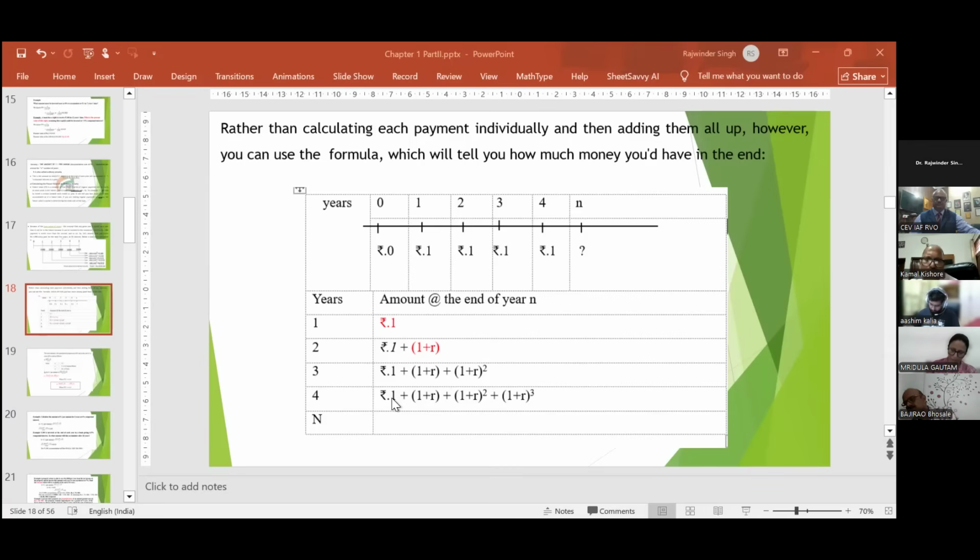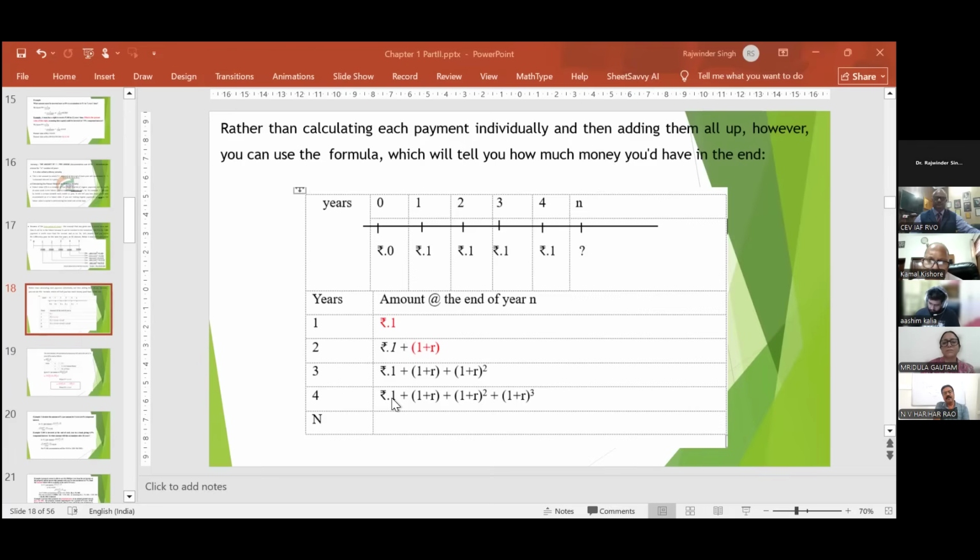So what is the formula for the sum of a geometric progression? That is the end result, but how do you reach there?